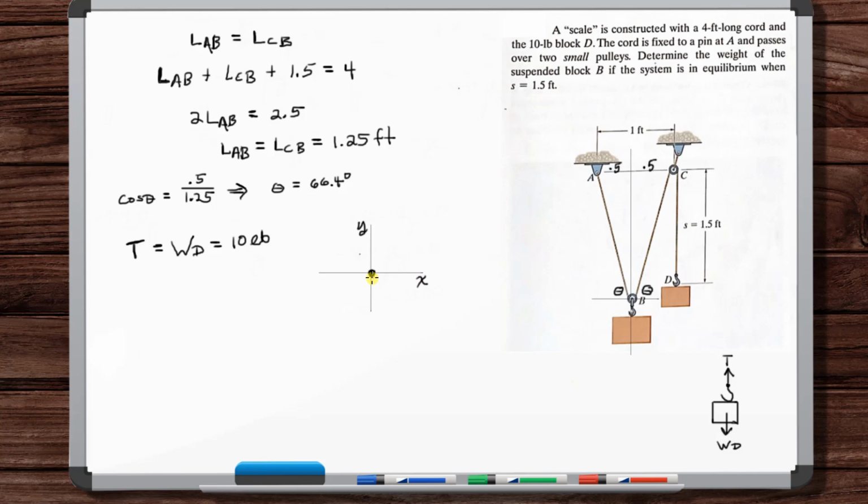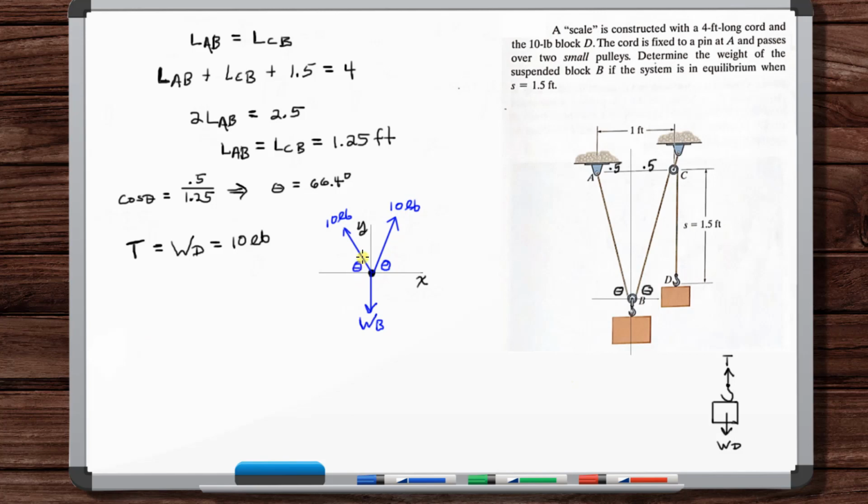Okay, and so acting down is the weight of block B. Then you've got the two tensile forces acting at theta, and we know these are 10 pounds.